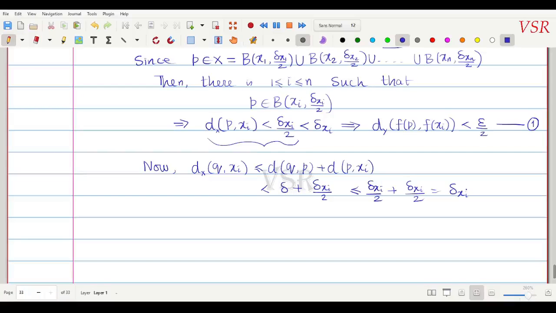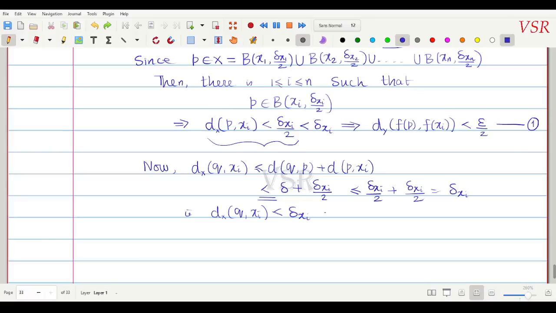So what we got is that the distance between q and xi is strictly less than delta xi. Here it is strictly less than, so we cannot put less than or equal to.